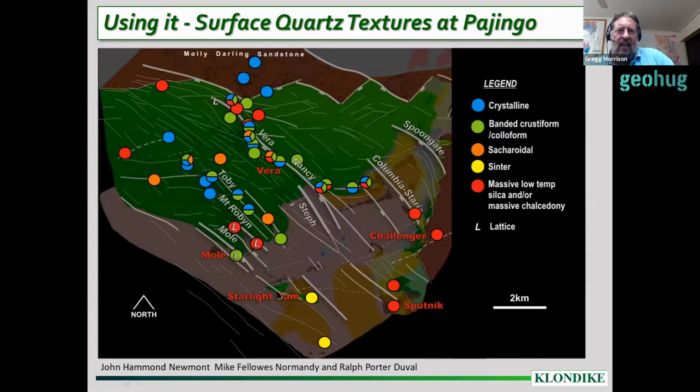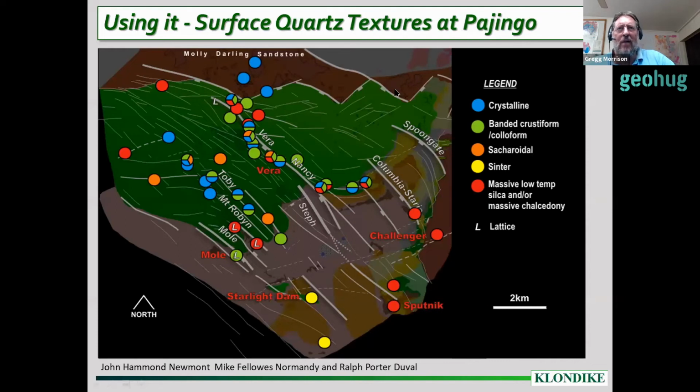What the guys here have done is map out the distribution of the dominant textures in various drill holes and surface samples. And fundamentally, the blues are the crystalline ones, the greens are the Crustiform-Colloform, and the reds and yellows are sinter and the Chalcedonic silica. Okay, so there's a fundamental progression.